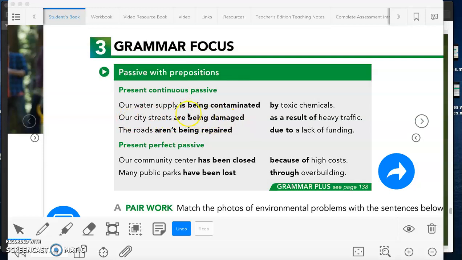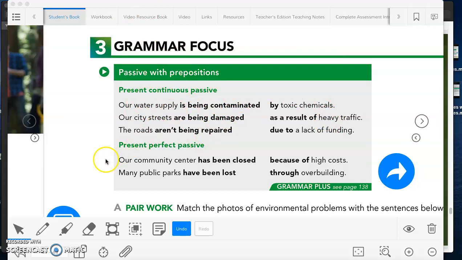So in here we are using the verb to be, and then we are using our gerund being: is being, are being, isn't being, aren't being, and then we are using the past participle of the verb. This is the past participle, followed by a preposition, and then again this is the reason why this is happening to this thing.